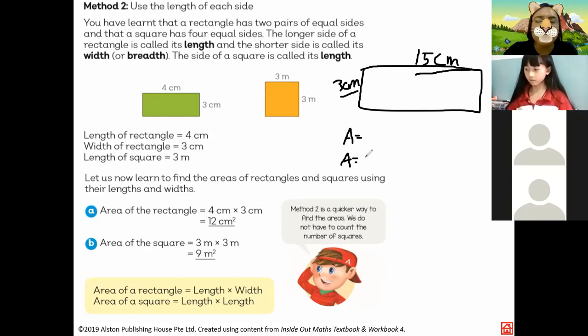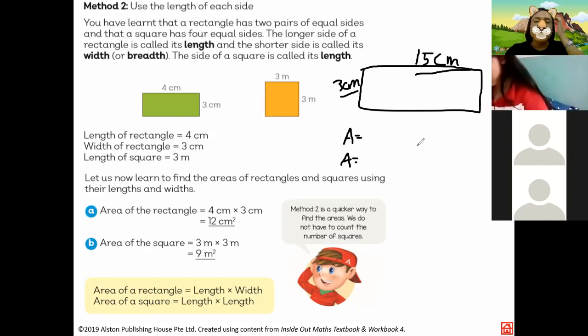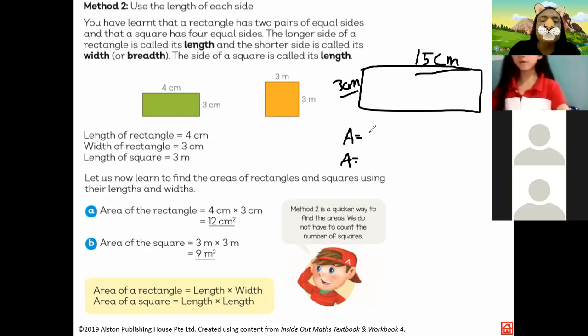Find the area of this rectangle. How do you write it? The answer is 45 centimeters.